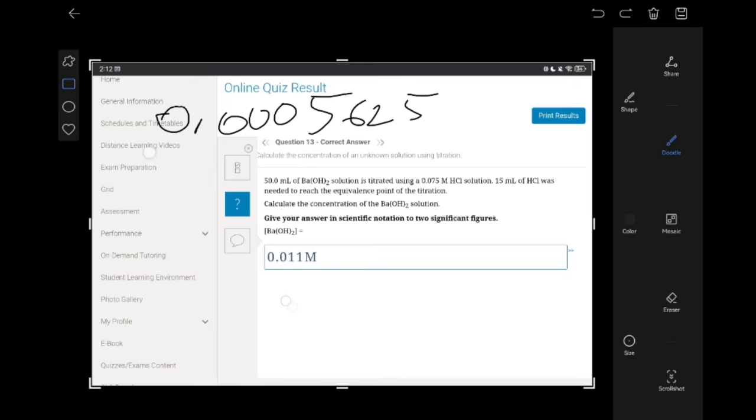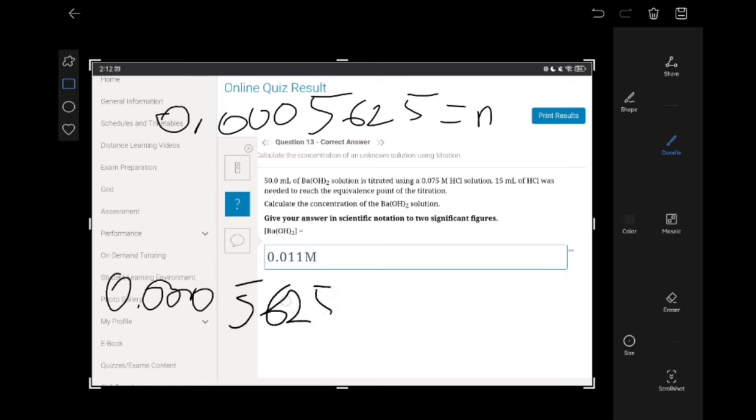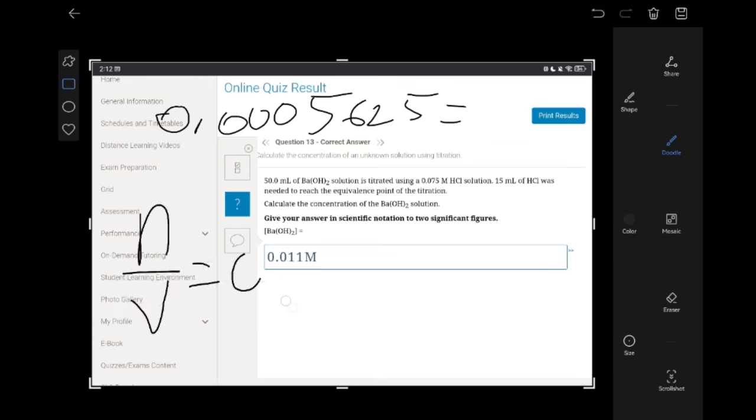Look, so this is the number of moles, n, and n equals CV. You have the V, you're trying to find the C. So just replace everything. Actually, you don't use n equals CV, use the original equation, where n over V equals C. So we know this is n.